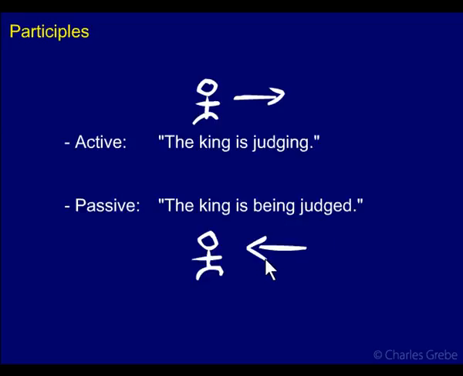So the king is receiving the action. That's the essential difference between active and passive. And our terminology here makes sense. Passive meaning the subject is passive. The subject is not acting. The subject is being acted upon. And here, the subject is acting. The subject is active. So it shouldn't be too difficult.